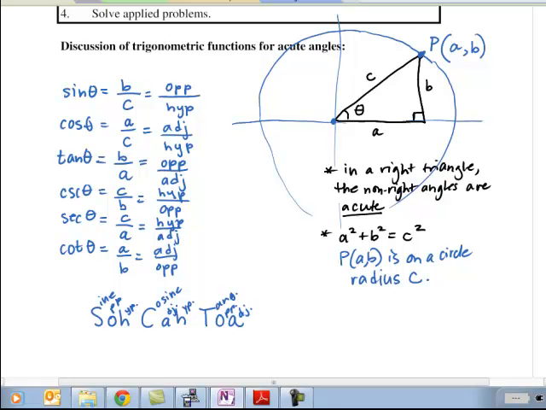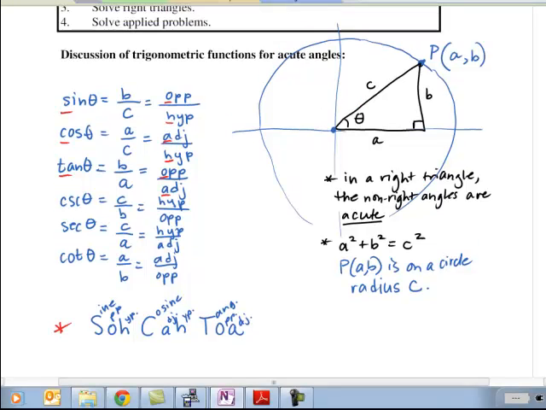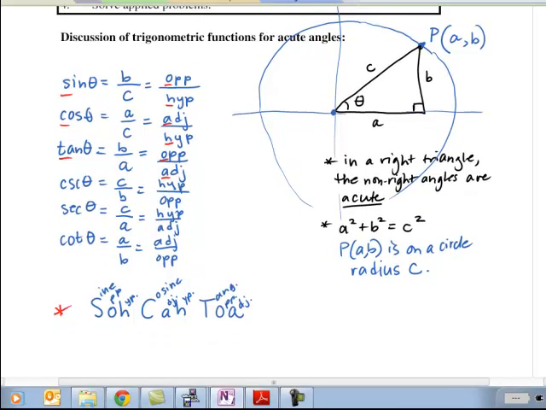So you can see sine, opposite, hypotenuse; cosine, adjacent, hypotenuse; tangent, opposite, adjacent. And then you can remember the others because the cosecant is just the reciprocal of sine, secant is the reciprocal of cosine, cotangent is the reciprocal of tangent. So if you want to use this mnemonic, that's fine if it helps you remember what pieces you need to put together for each of the trig functions. So that's how the trig functions are defined for right triangles.